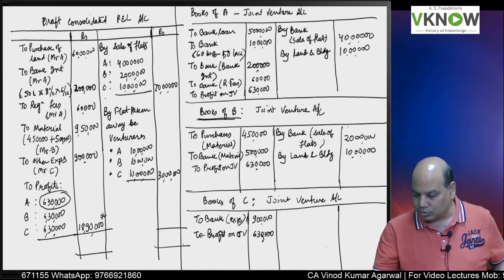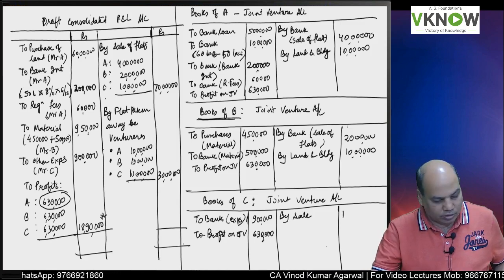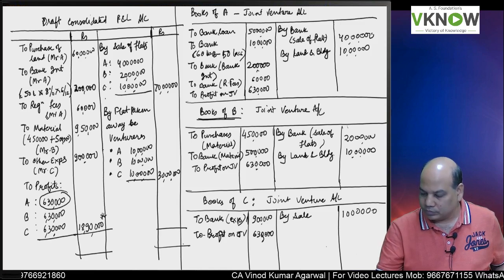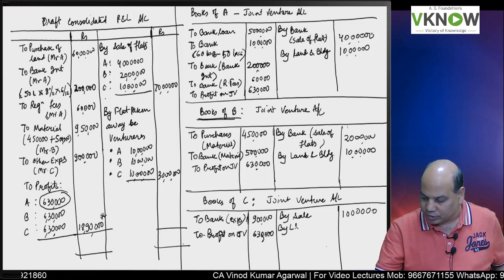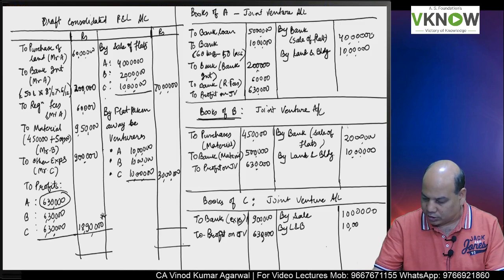Now we'll see how to close. One more thing, write by sale of flats, write down 10 lakh, and by land and building one flat he has taken over for 10 lakh.